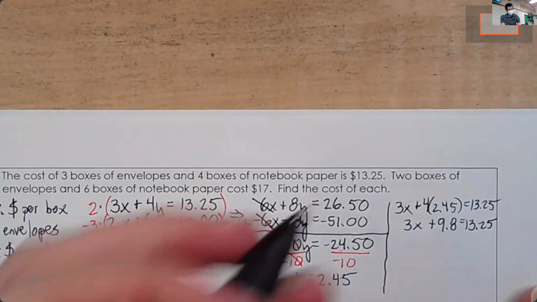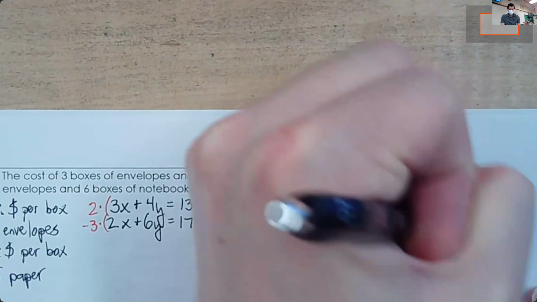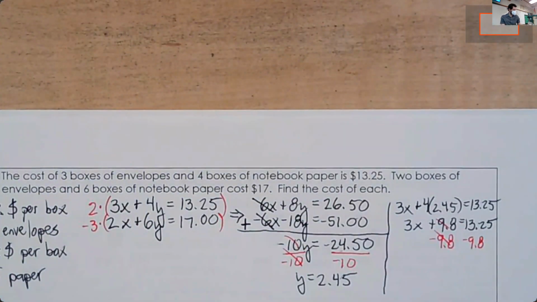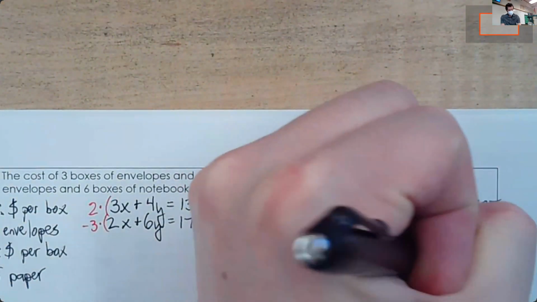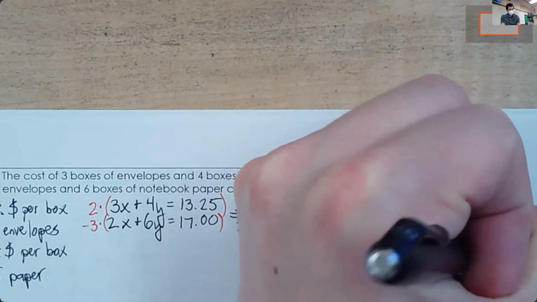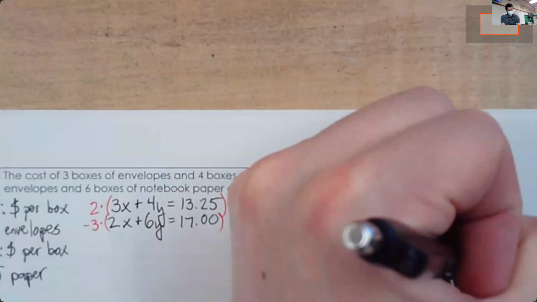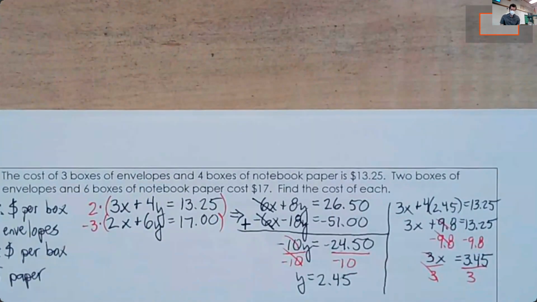We'll subtract the 9.8 from both sides. And that's 3.45. So 3x equals 3.45. The last step is to divide both sides by 3 to get x by itself. And it's 1.15 for x.